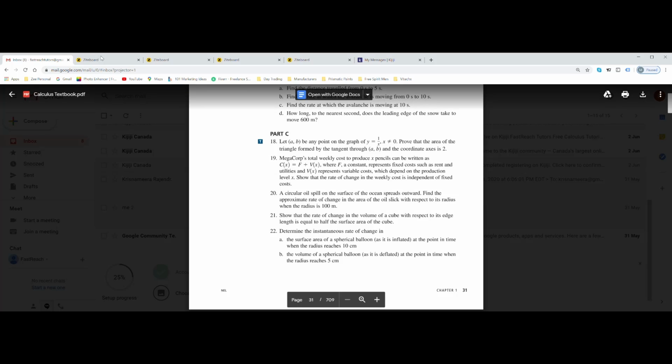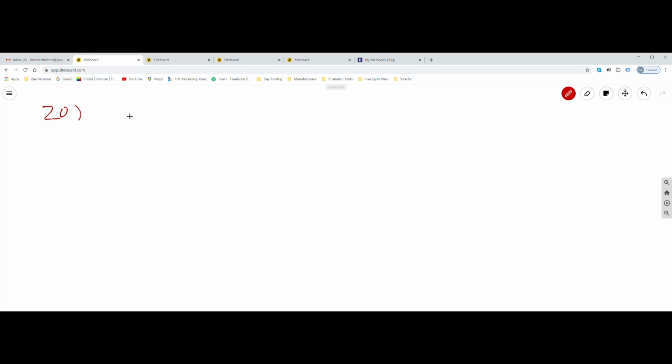So 20 is the area is equal to pi r squared.